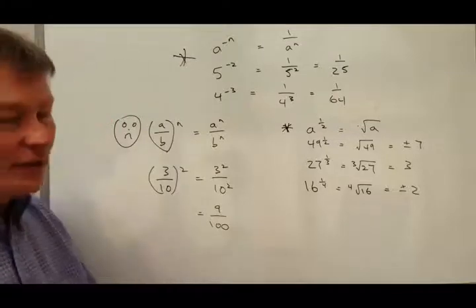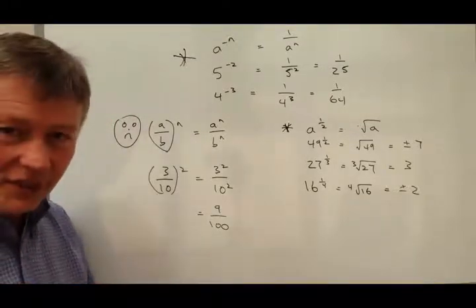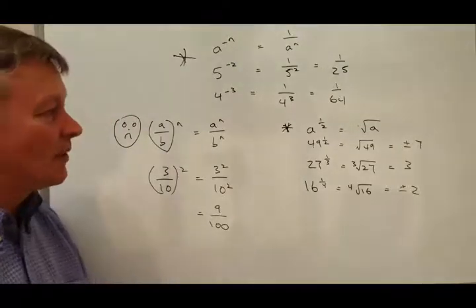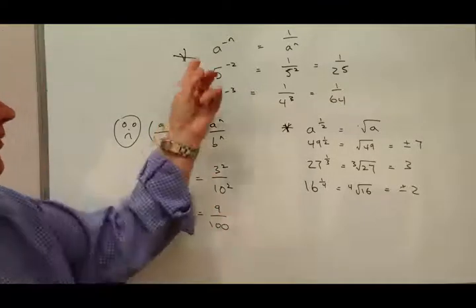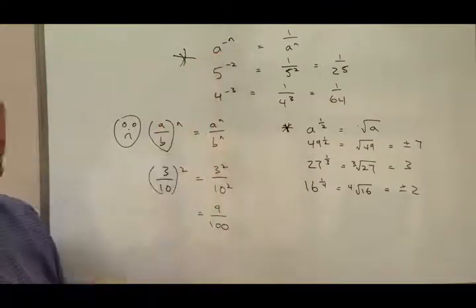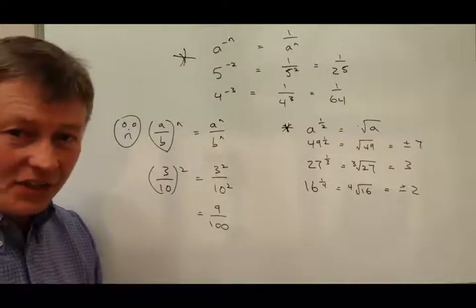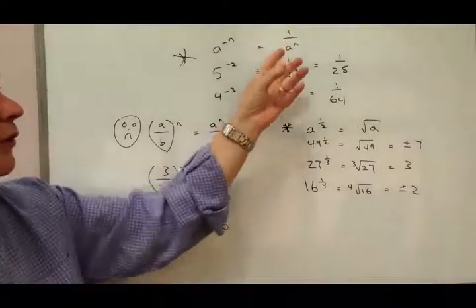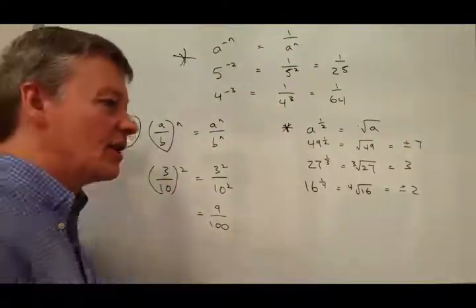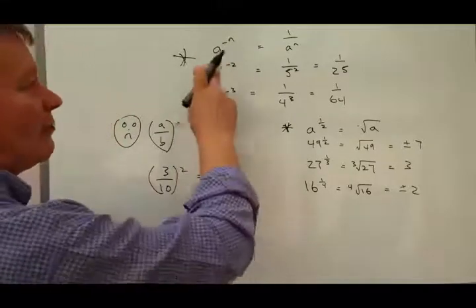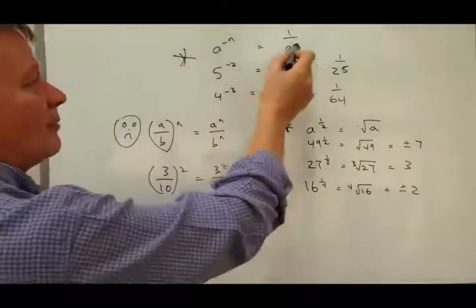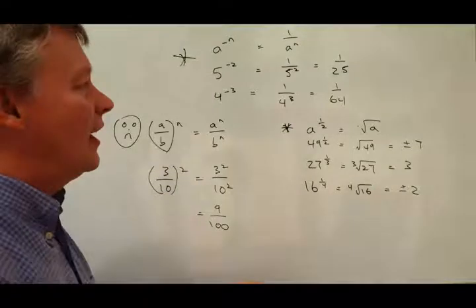Okay, so in terms of the rules of indices, the two key ones from this particular video are this one, which is a to the power of minus n is the same as saying 1 over a to the power of n. It's called negative powers or reciprocals.